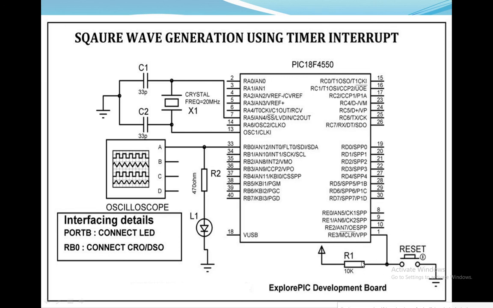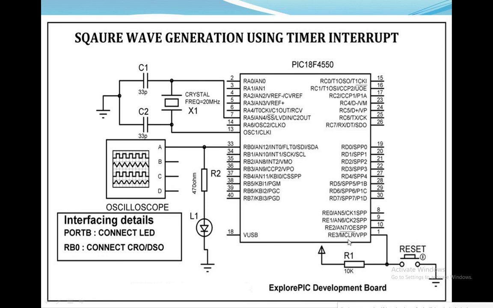A reset circuit should be connected to reset the microcontroller during program execution. MCLR is the master clear reset pin, which is an active low pin, and an active low input should be applied to reset the microcontroller. You can see the push button switch is grounded, and here we are applying a 5 volt signal.